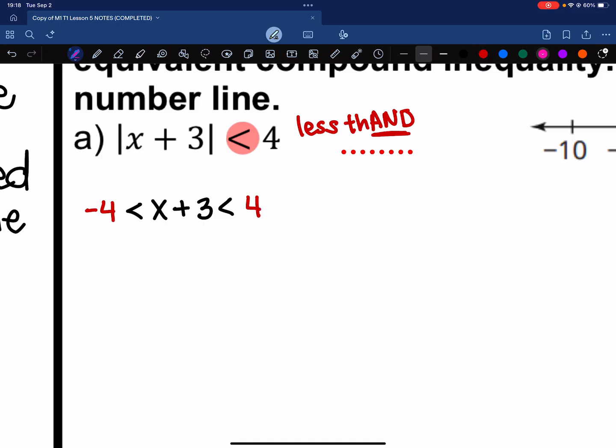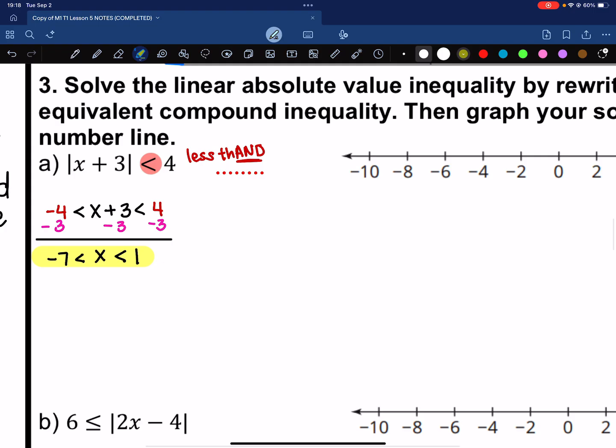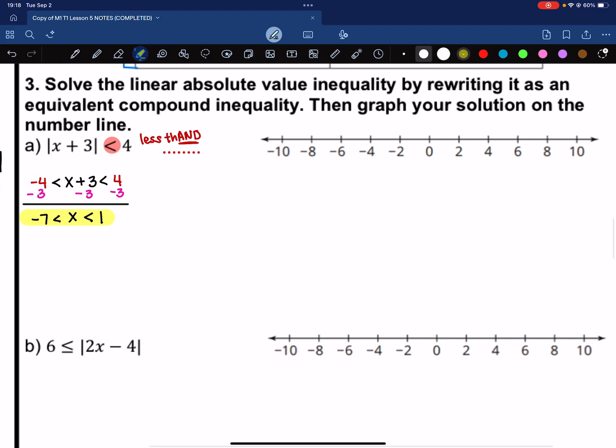When we go to solve the equation, we need to subtract 3, but when you subtract 3, you have to do it on all parts of the inequality. And so negative 4 minus 3 is a negative 7. You have just an x in the middle, and 4 minus 3 is just 1. And that would be your solution to the compound inequality. Okay? Now, when it comes to graphing these, you are going to put a point at negative 7 and a point at 1.